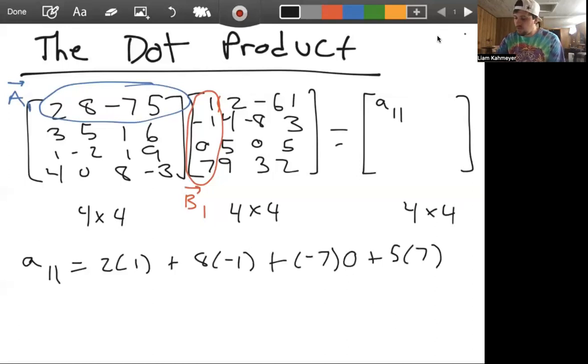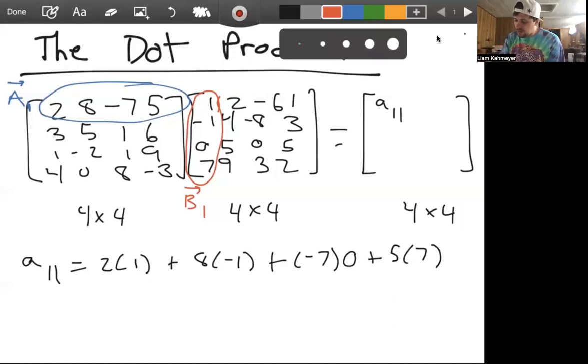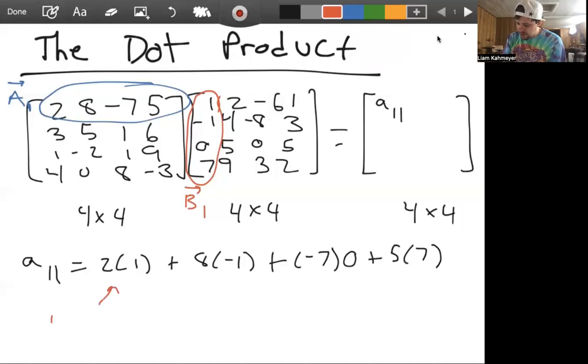right? And so if you think about this column vector of B and this row vector of A, really what we've done is we've taken the product of the first component of A1 and B1.